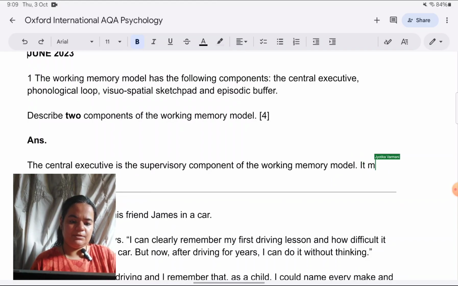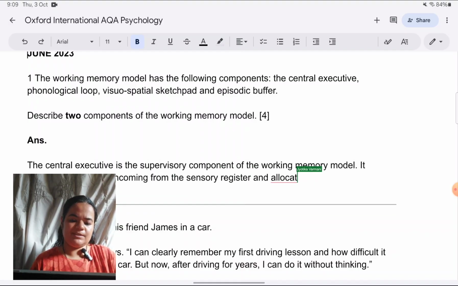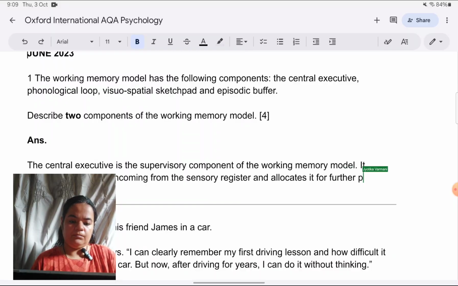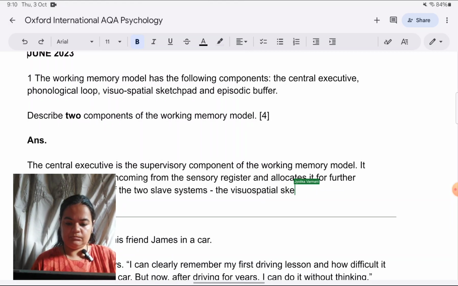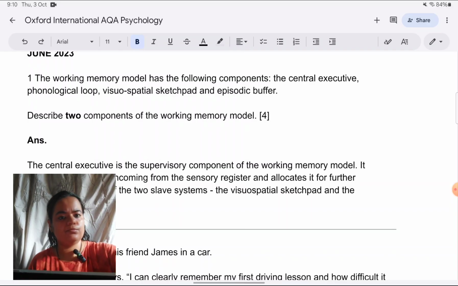It monitors information incoming from the sensory register and allocates it for further processing to either of the two slave systems, the visuospatial sketchpad and the phonological loop. This much is sufficient for 2 marks.